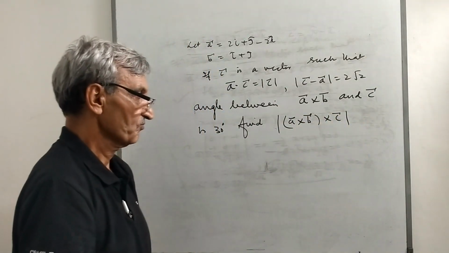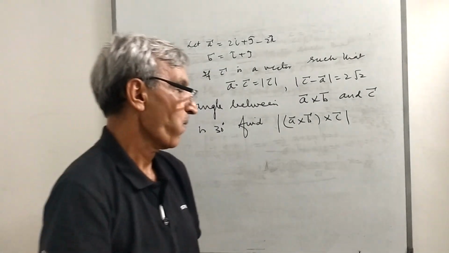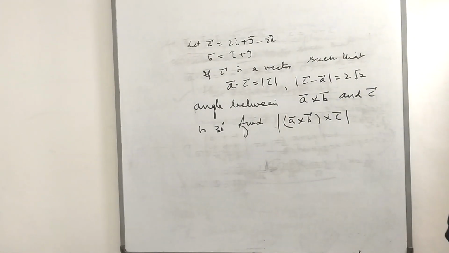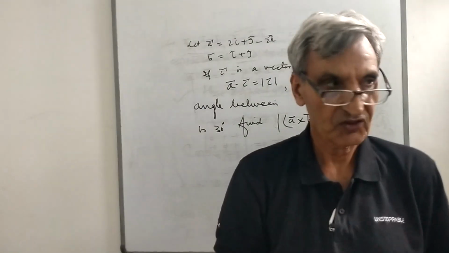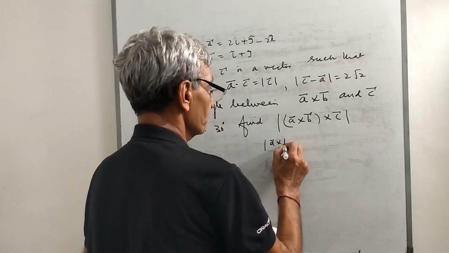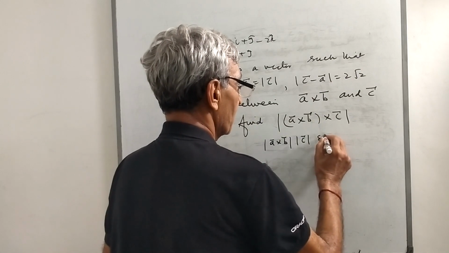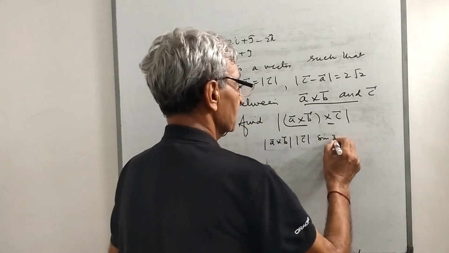Its answer is 3 by 2, I will be finding this. Given the condition, we need to find the magnitude of A cross B cross C. What is the magnitude of A cross B? It is magnitude of A cross B into magnitude of C into sine of the angle between them, which is given as 30, sine 30.